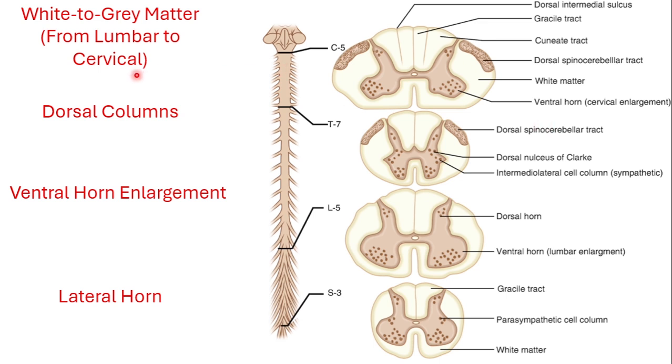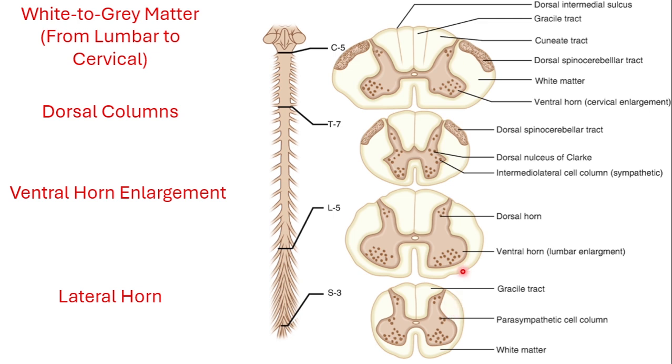So let's start with the first factor, white to gray matter. As you can see here, if we go from down up, the white matter starts increasing. So why is that? Well, because as we said before, the white matter is composed of tracts, which are a group of axons.